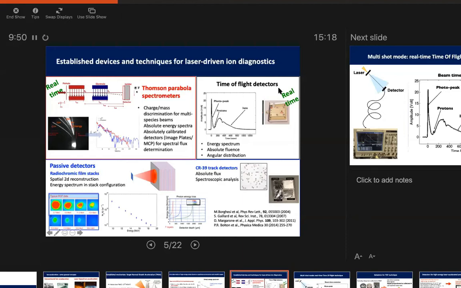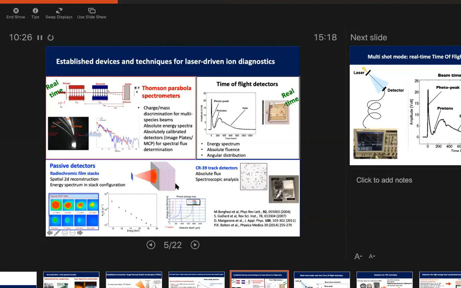Then there is the time of flight detector that I will describe later in detail, and other kinds of detectors that we call passive detectors, because they need a post-processing of the measurement to get the information. They are, for instance, as you already know, the radiochromic films, which in this kind of experiment are typically used in a stack configuration, as you can see here.